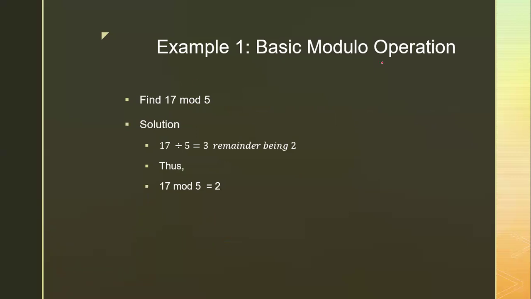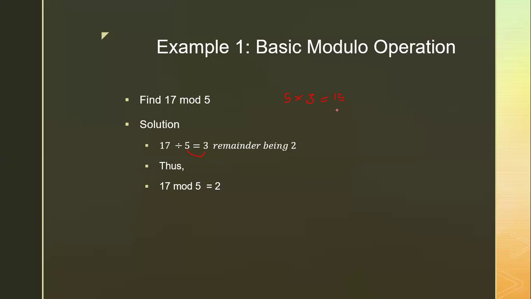So a basic example of a modular operation is find 17 mod 5, right? The solution would be 17 divided by 5 is equal to 3, because 5 times 3 is equal to 15.